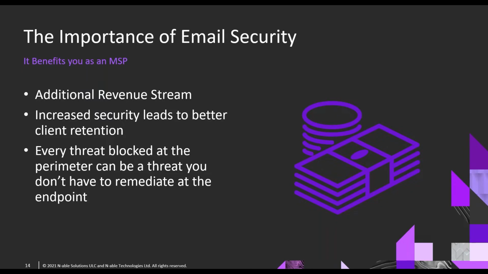And every threat blocked at the perimeter can be a threat you don't have to remediate at the endpoint. So you're playing the statistics game here. As much defense as you can put out at the edge, at the perimeter, as many phishing emails and ransomware booby-trapped emails that you can block, that is a support ticket you're not going to have to work. That is a ransomware attack you don't have to remediate.